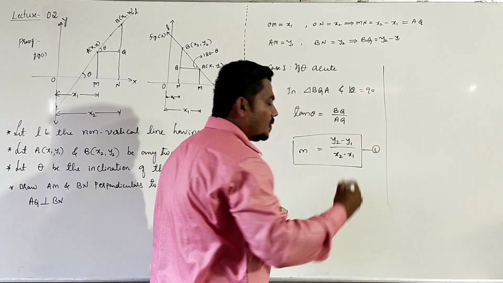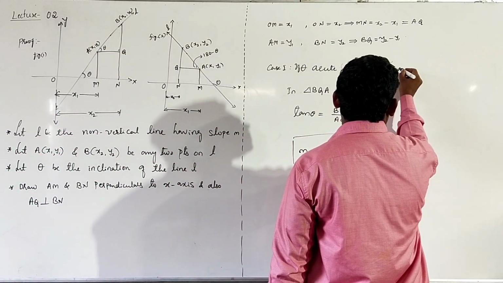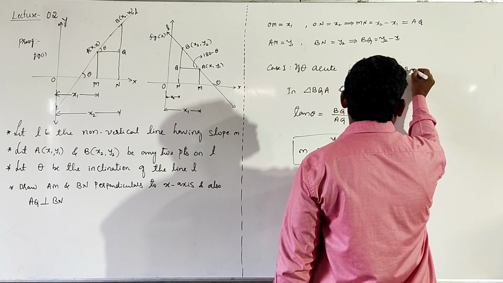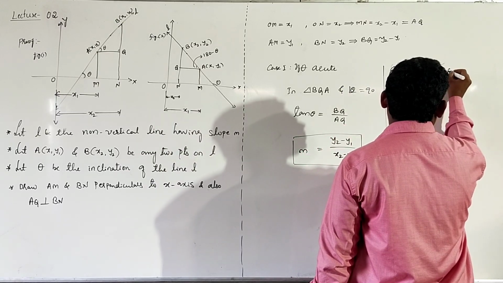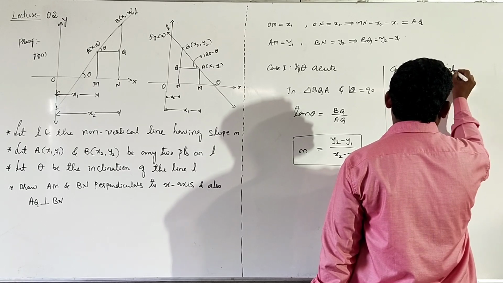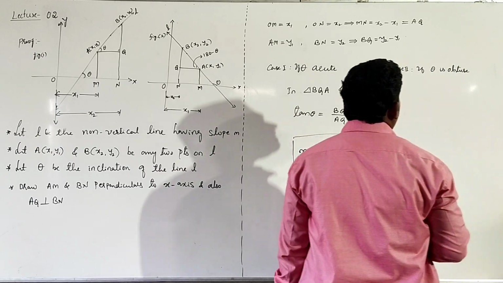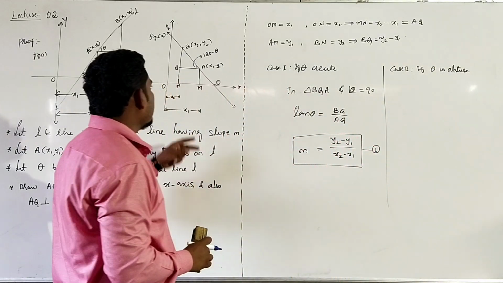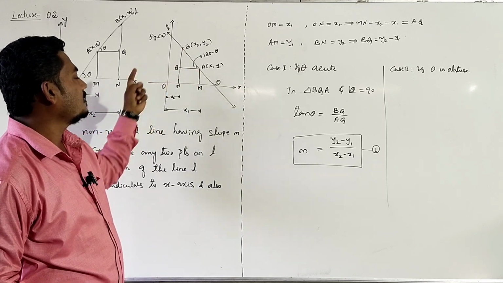And case 2, what is case 2? If theta is obtuse. In this triangle, consider triangle BQA.